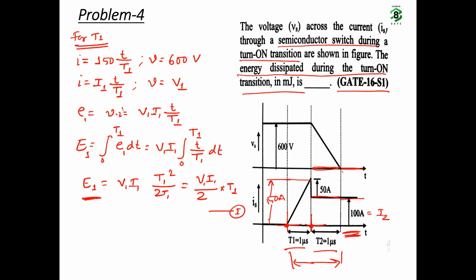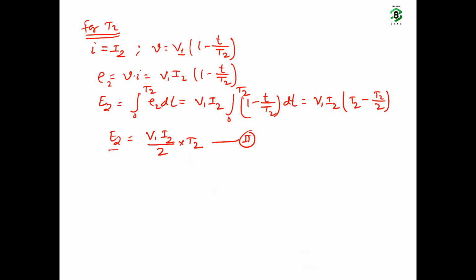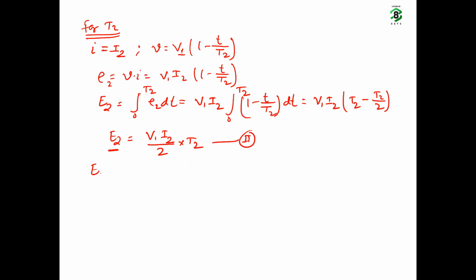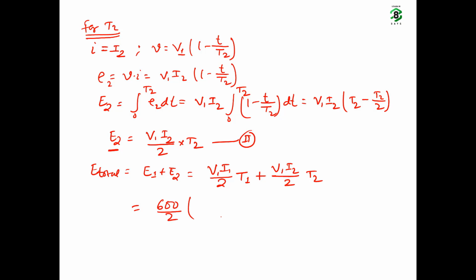Here we have calculated the energy loss for duration T1, and here the energy loss for duration T2. So what is it asking? It is asking for the total energy dissipated. So E total is equal to E1 plus E2, that is V1 I1 by 2 into T1 plus V1 I2 by 2 into T2. V1 is constant and we have taken it out, and at the same time we put the value of V1, that is 600 volt, by 2 taken outside.